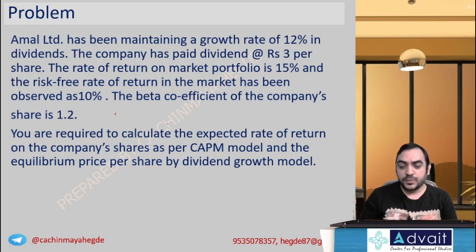So Amal Limited has been maintaining the growth rate of 12% and the company has paid dividend of 3 per share. Company has just paid, which means we will take this as D0, and growth rate is 12%, that is G, and market portfolio return 15, RM. Risk-free return has been observed as 10%, RF.